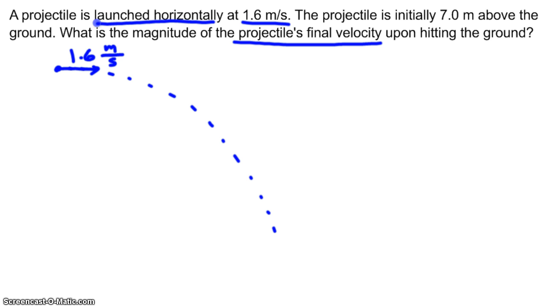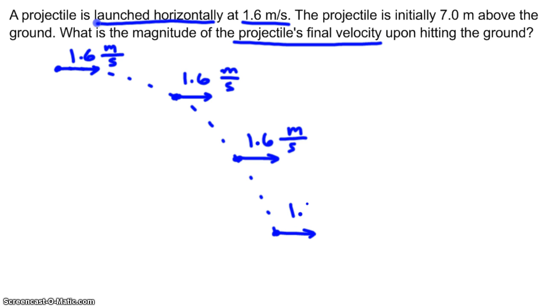All of its velocity is x oriented. So after a little time, it still is moving forward at 1.6, and after more time it still is moving forward at the same 1.6, and even at the end here it still is moving forward at 1.6.